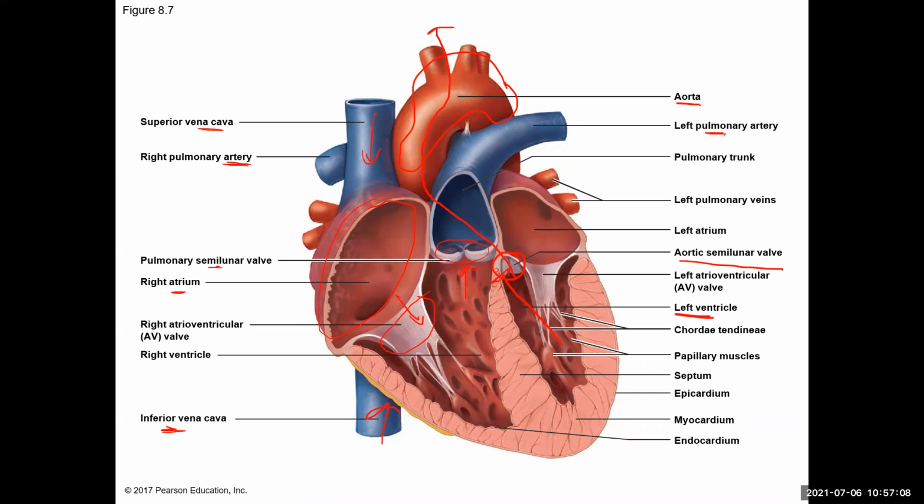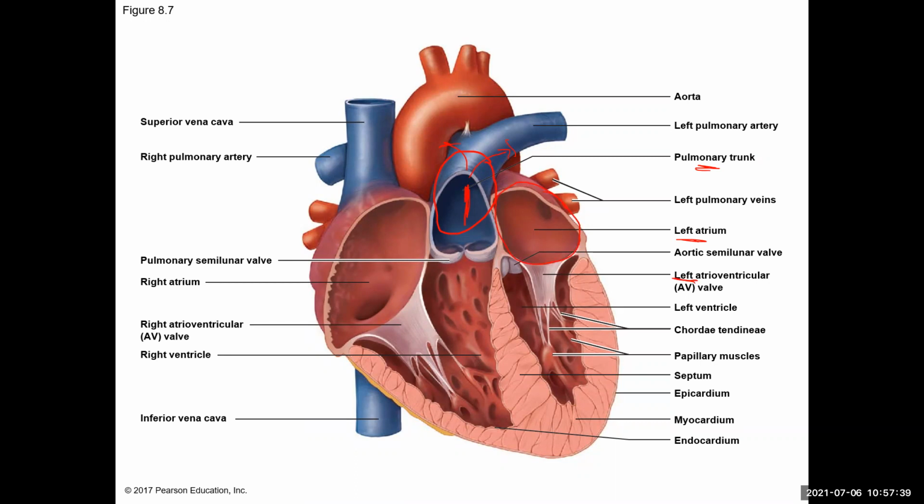Okay. Clear some of this drawing off. Okay. So then you need to know the pulmonary trunk, which is this structure here, right? So it's the main vessel that splits into the left pulmonary artery and the right pulmonary artery. Okay. You have your left atrium, which is the atrium on the left side of the body.